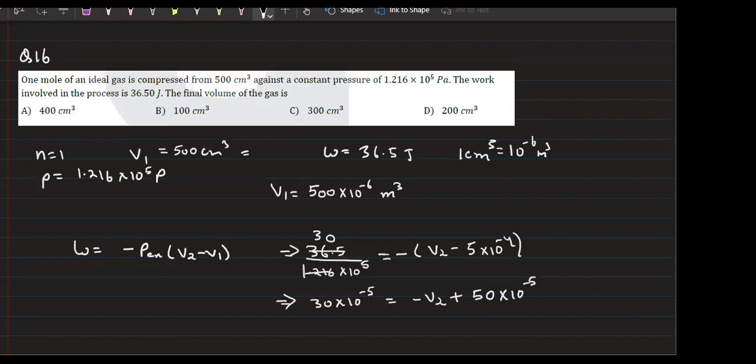This will go this side, this will go this side. We will solve. So V2 will become 20 into 10 power minus 5 liter, which is equal to 200 centimeter cube. Got it, everyone? So the answer is D. I hope all of you got this problem.